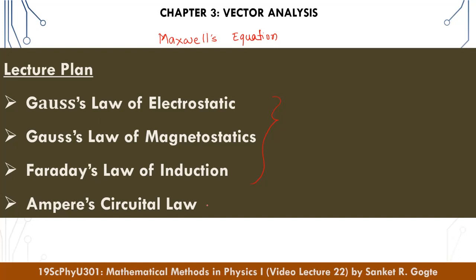These equations together can give rise to the wave equation. What we will do in this lecture is consider each of these laws, see the integral form commonly associated with these laws, and then see the differential form of each of these laws.